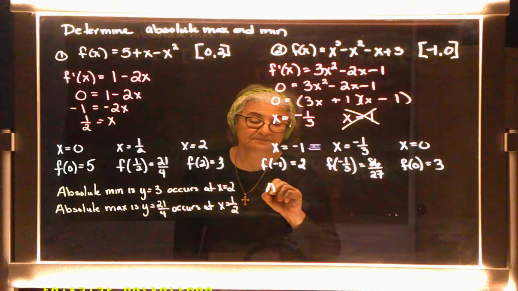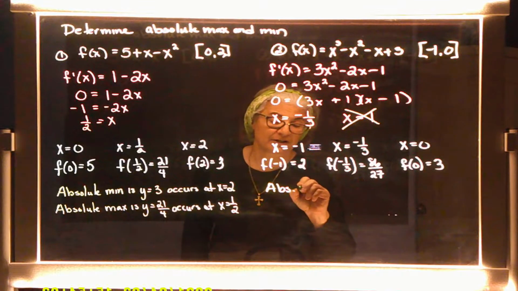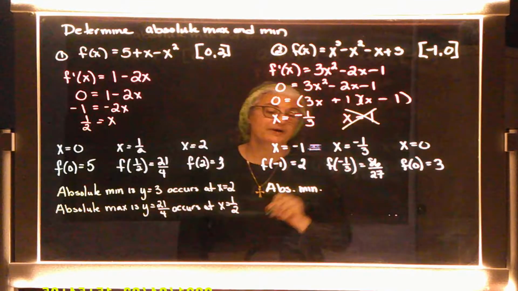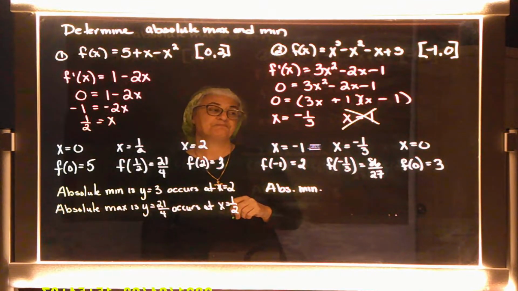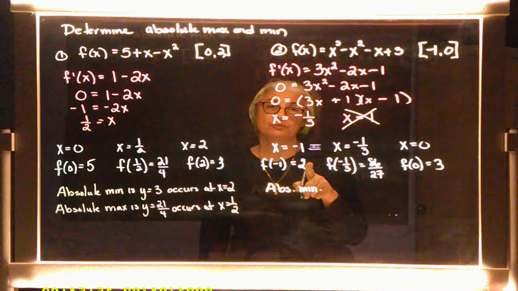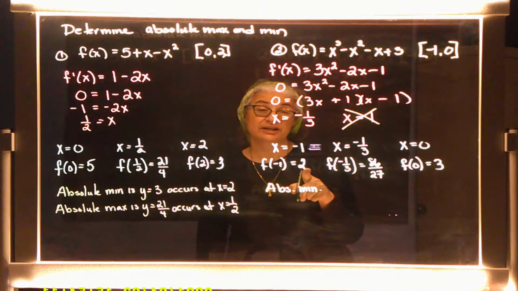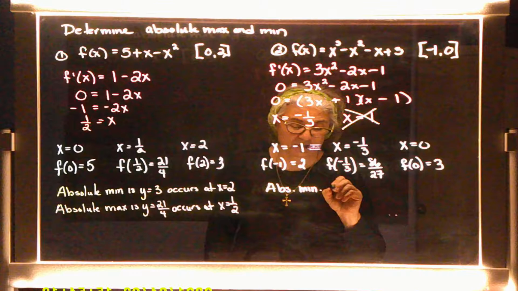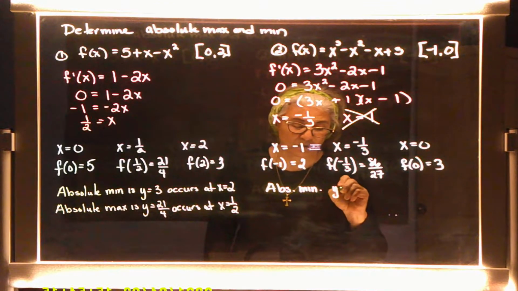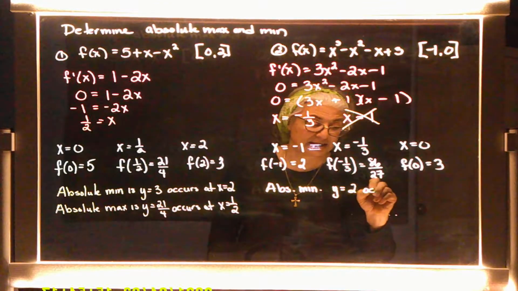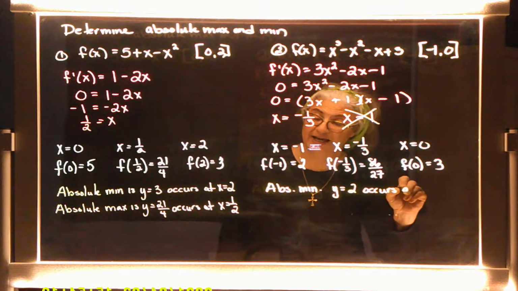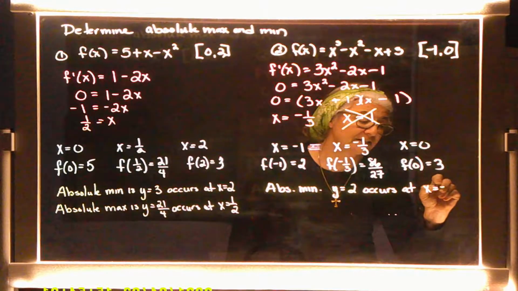Okay. So, absolute minimum. I'm going to abbreviate absolute. What would my absolute minimum be? Yeah, the absolute minimum would be 2, right? So the absolute minimum is y equals 2, and it occurs at x equaling -1.